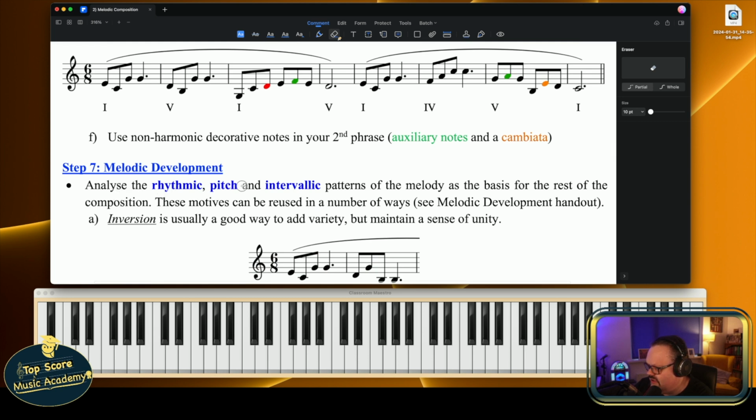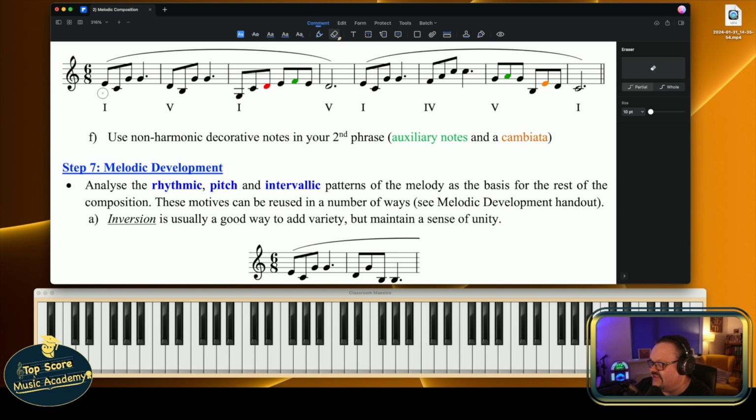Analyze the rhythmic, pitch, and intervallic patterns of the melody as the basis for the rest of the composition. So the rhythm, you could change some of the rhythms around or make the rhythm a bit more advanced. The pitches as well, analyze those and see, can you come up with something similar for E, C, G, G later on in the melody?